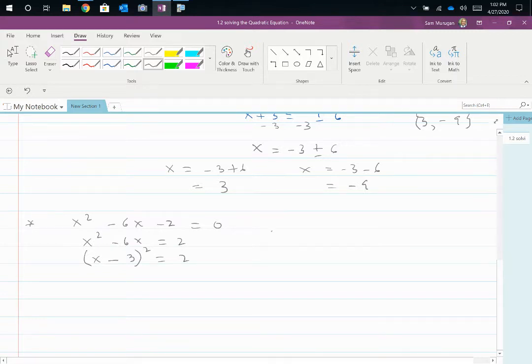Okay, so there's 6 divided by 2, which is 3. And then take that 3 and square it and add it to the right hand side. So 3 squared is 9, and add it to the right hand side, plus 9.